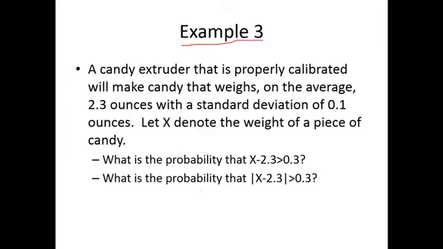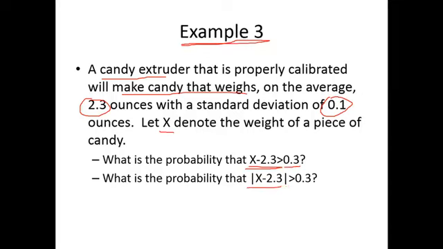Example 3. A candy extruder that is properly calibrated will make candy that weighs, on average, 2.3 ounces with a standard deviation of 0.1 ounce. Let x denote the weight of the piece of candy. What is the probability that x minus 2.3 is greater than 0.3?